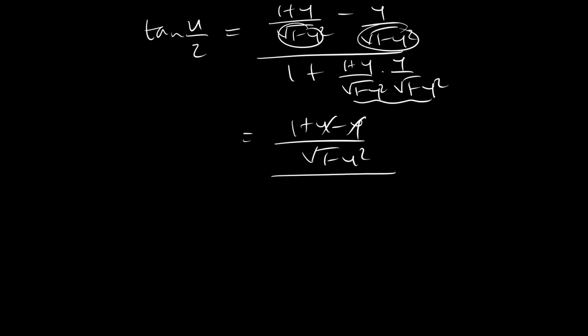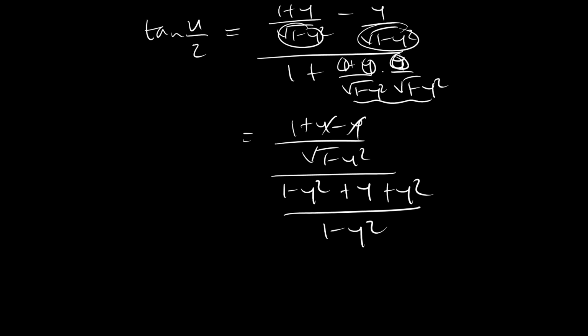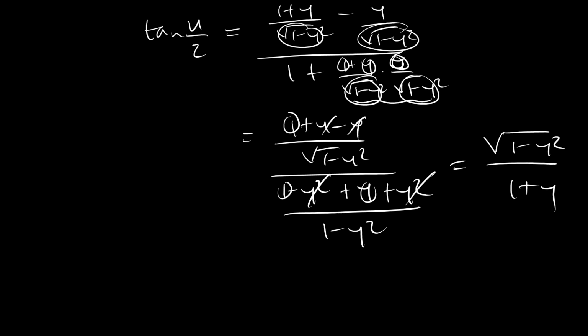The denominator multiplied together gives 1 minus y squared plus this times this, y, plus this times this, y squared, all over 1 minus y squared. So this cancels, and since we have 1 here, this becomes the square root of 1 minus y squared over only this plus this, so 1 plus y.